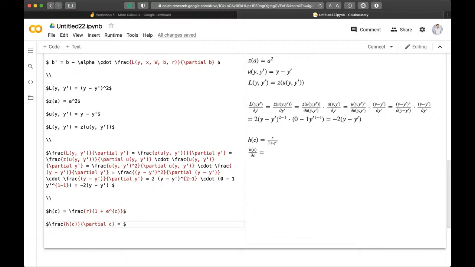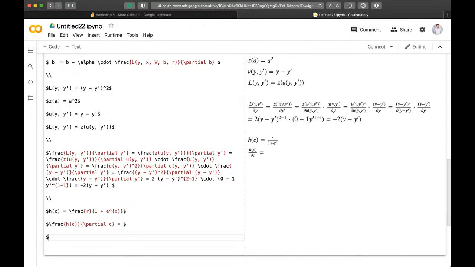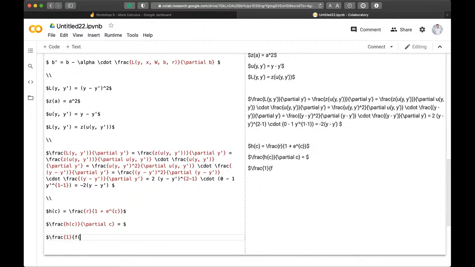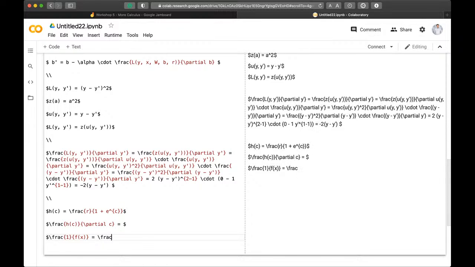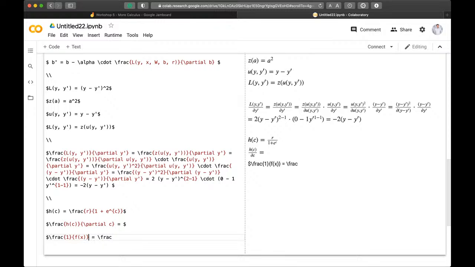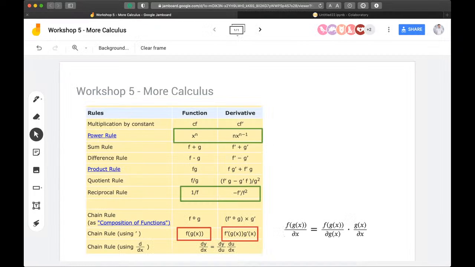So to use the same approach, frac 1 over fx is the same as, I mean, not the same, but derivative of fx. Oh man, this is fx, wait a second. Yeah, that's cool.